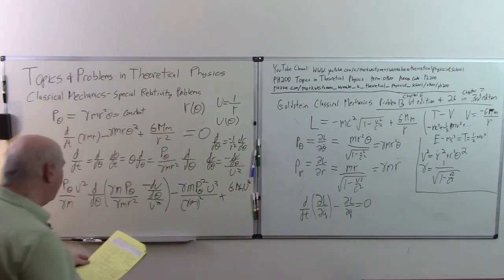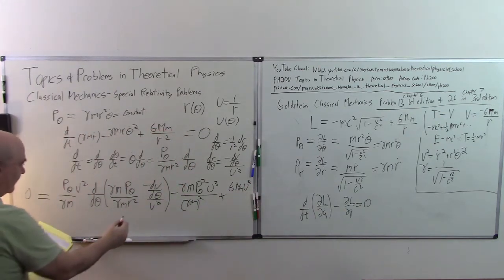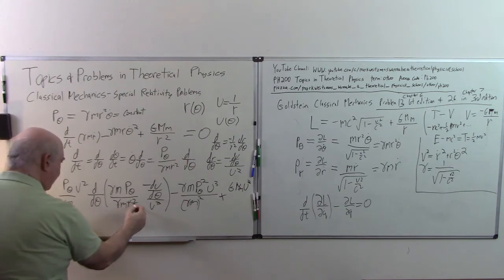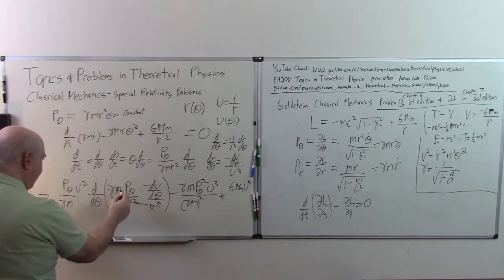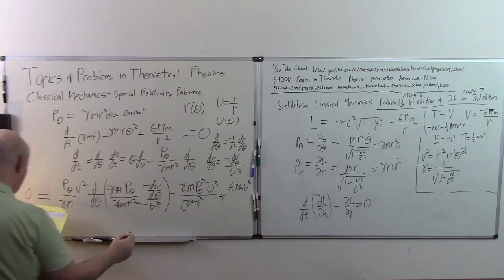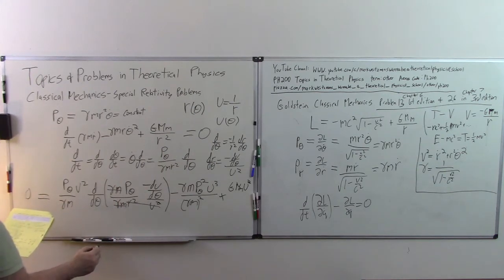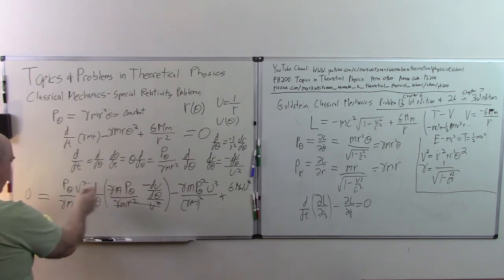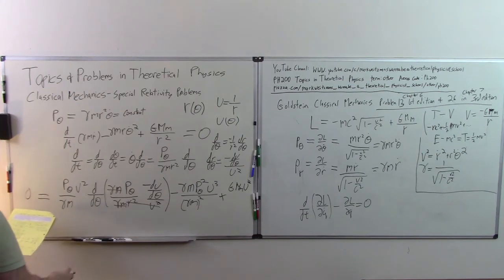So as you can see, a lot of things simplify here. Like the r squared u squared is 1. The gamma m's cancel. And I can take the p theta out since that's a constant. And then I'm going to have u squared.